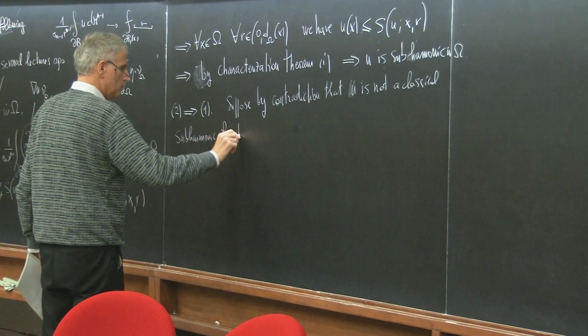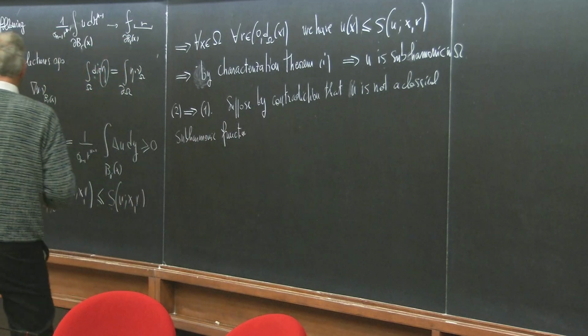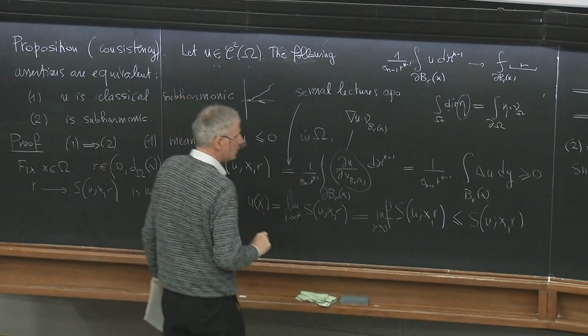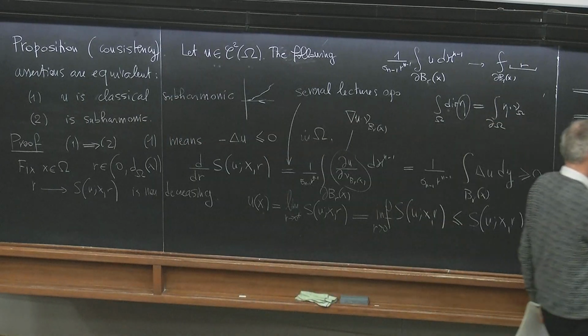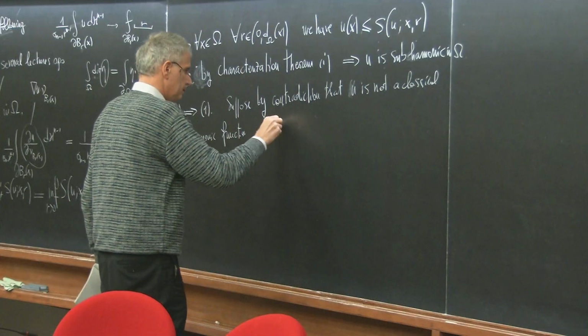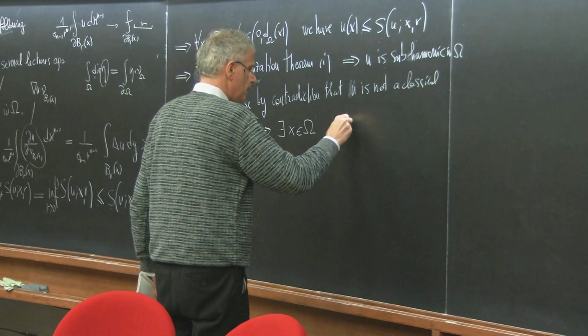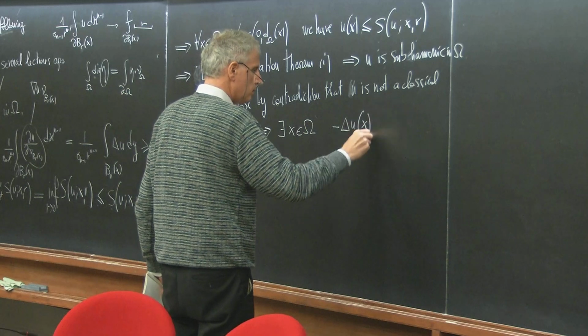So which means that there exists at least one point where this inequality is false. So there exists x in omega such that at that point this is positive.